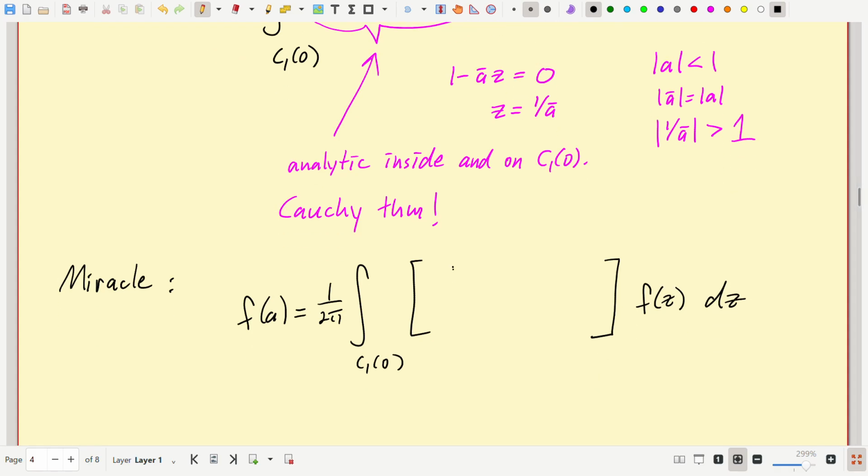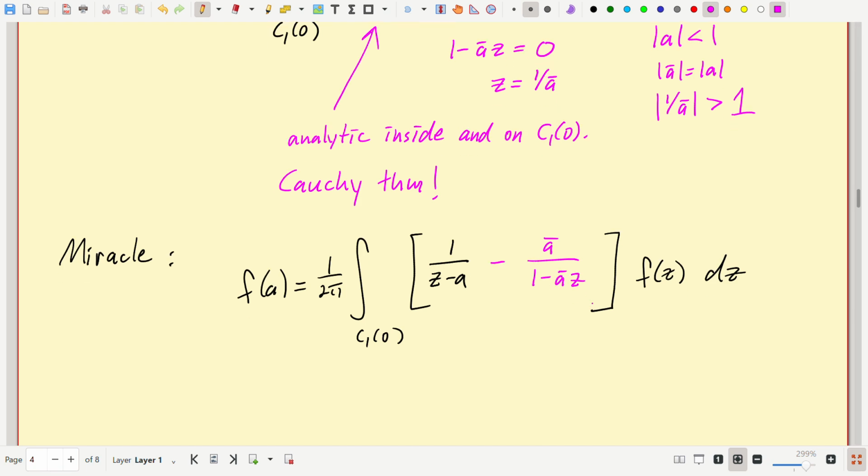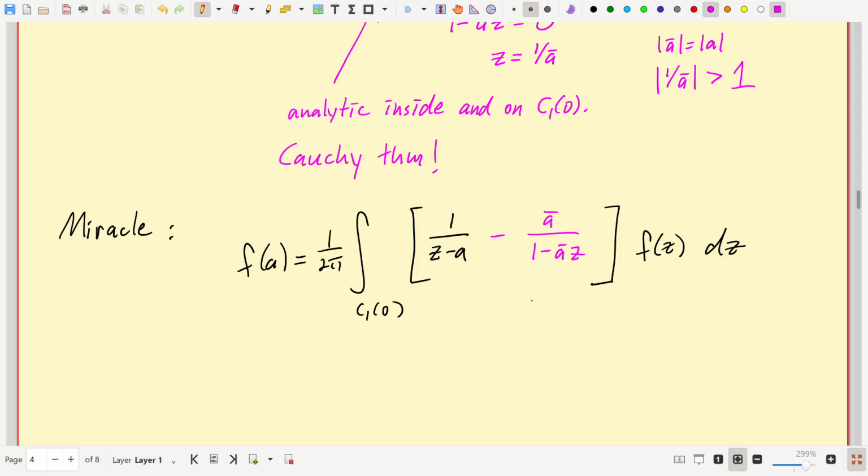Cauchy integral formula is 1 over z minus a. That spits out f of a. And then I'm going to subtract this thing that gives me the zero stuff: minus a bar over 1 minus a bar z. I'm subtracting a 0 here.